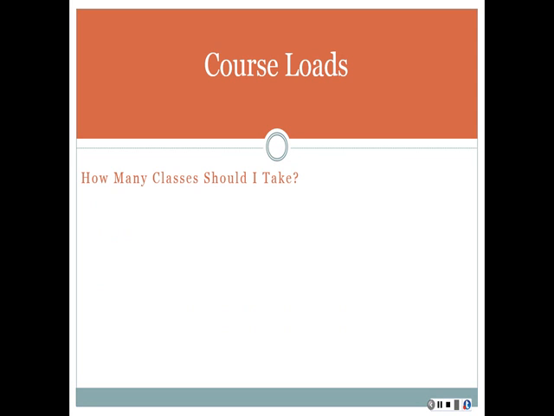So what next? Our course load. How many classes should I take? Well, let's take a look. Your credit hours determine your classification, so a full-time student is taking 12 or more credits. Now, if you want to graduate in the 2 years, this is a 2-year college, taking 12 hours will not get that done.